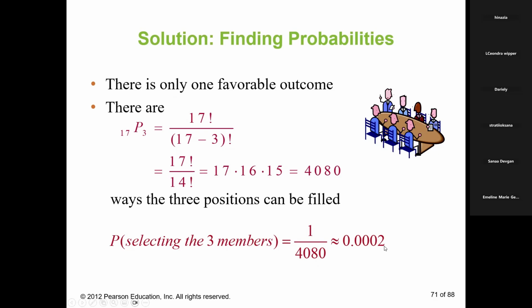So that's approximately 2 times 10 to the minus 4, that will give you 0.0002. That's the probability here. Okay. Got it.